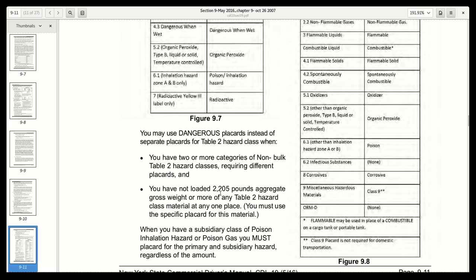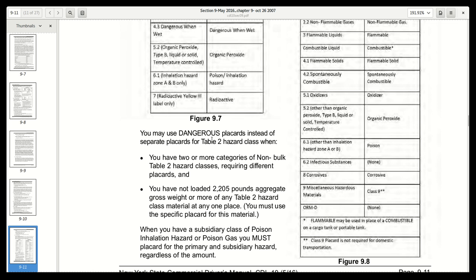There's an "and" between these, so you need both of these together. Let's read them again.